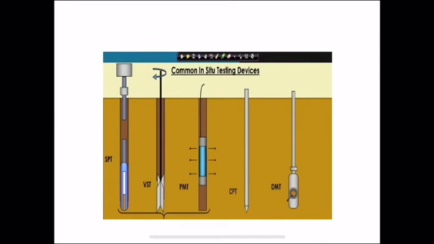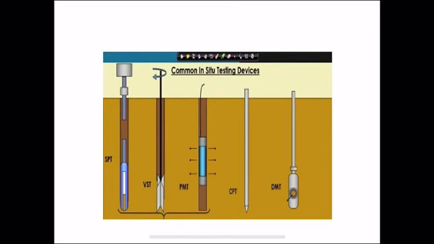These are the tests: SPT, that is the Standard Penetration Test, the vane shear test and the pressuremeter test, where boreholes are required and the instrument is inserted into the borehole.